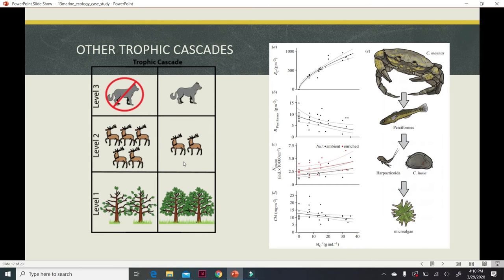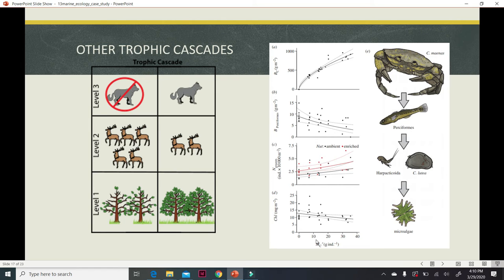They have to be more careful. They don't have as much time to devote to foraging because they have to look around for predators. And so that means that forests are changing there. Aspens and willows are increasing. Their biomass is increasing. And the theory here is that this is a trophic cascade that has occurred. So that's one example.